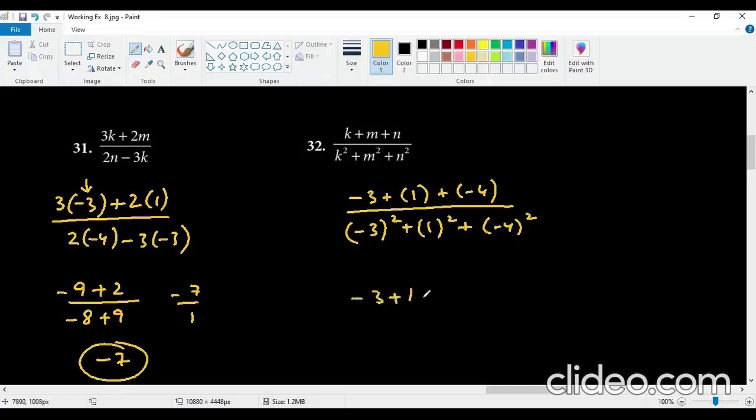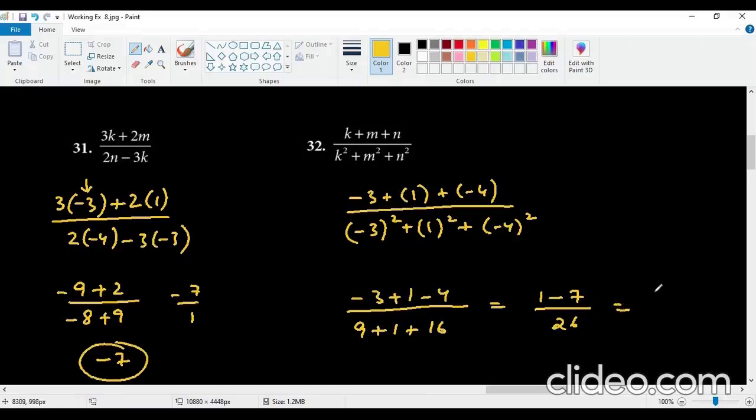So this gives you negative 3 plus 1 and minus 4 divided by 9 plus 1 and plus 16. So this gives you negative 4, so 1 minus 7 over 26.